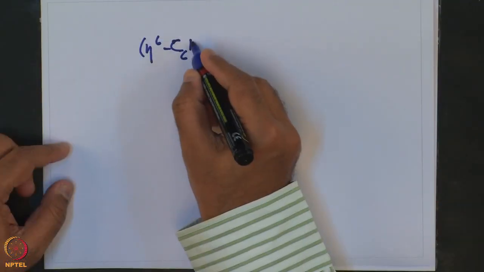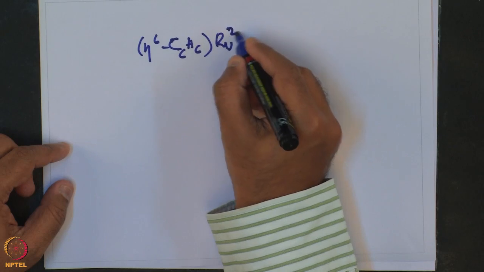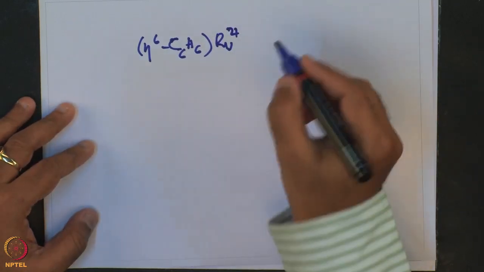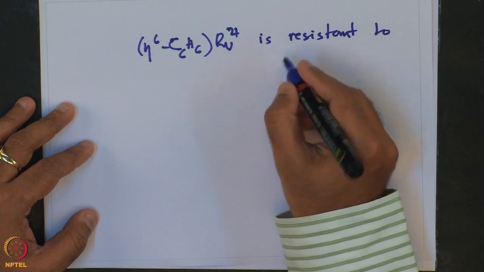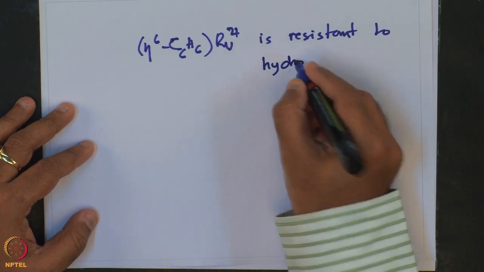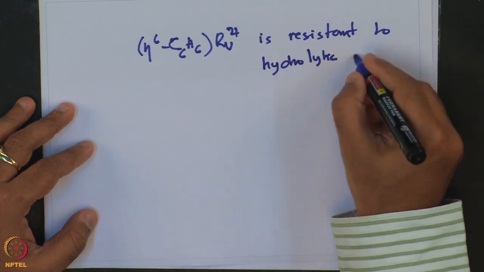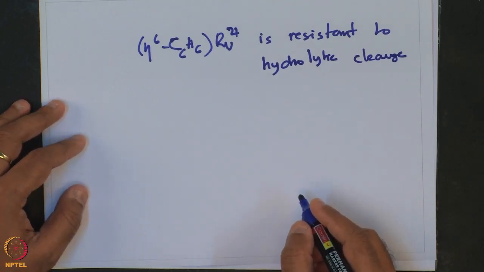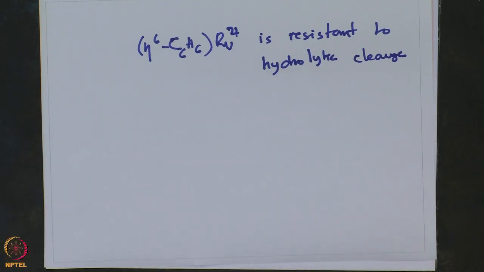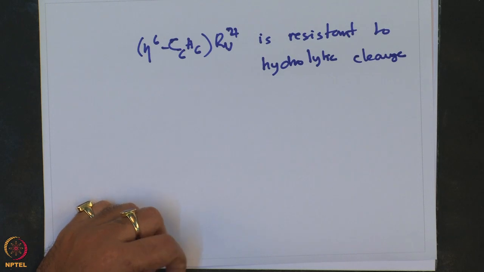And one thing which comes to the fore is the fact that these arene ruthenium dicationic species, [C6H6Ru]2+, are resistant to hydrolysis, hydrolytic cleavage, and because of which these kinds of ruthenium complexes have been found to be very cytotoxic in nature.